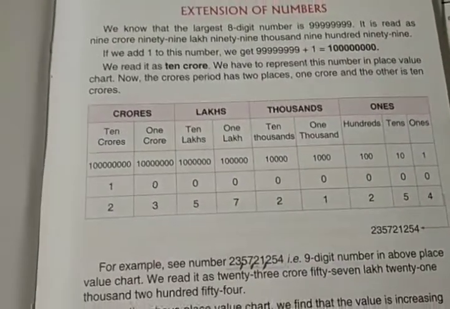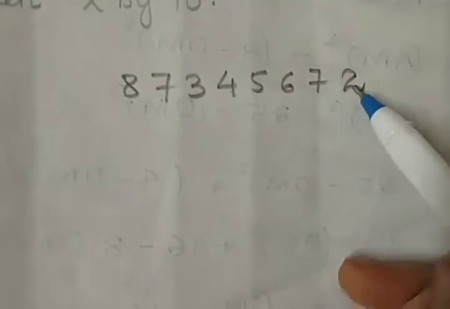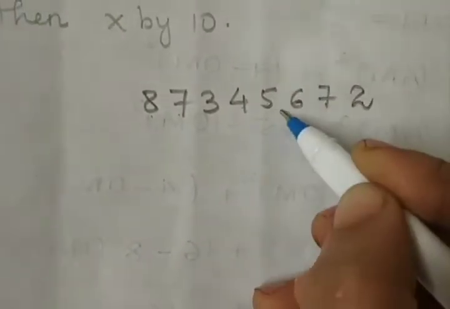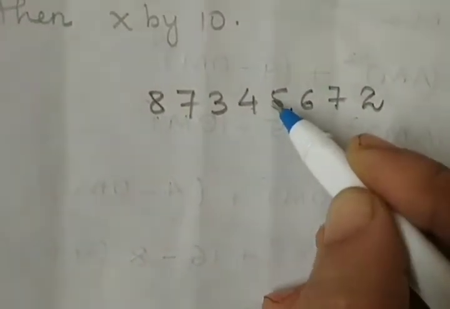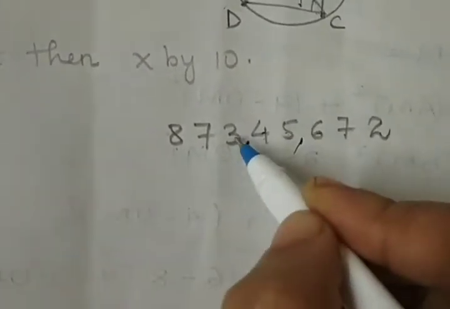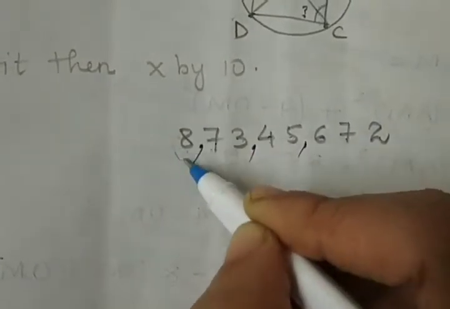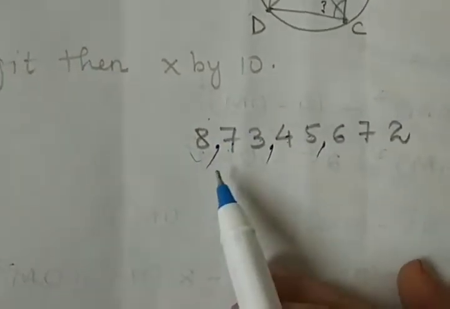Suppose you had an 8-digit number, then how would you read that? So let us look at this 8-digit number. If you see, this is units, tens, hundreds place, so 1 comma will come here, then 1000 and 10,000, next comma will come here, then this is lakh and 10 lakh. So this is the next comma and this is 1 crore. So how do you read this number?